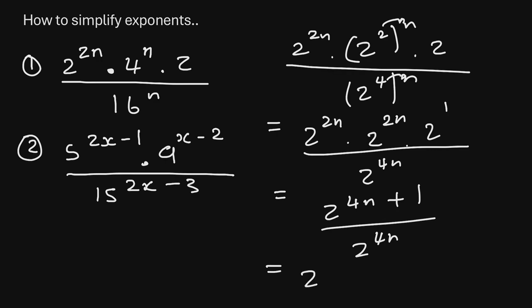At the top we have 4n plus 1, and then we minus the exponent of the same base that is at the bottom of the fraction. So in this case it's just 4n. And then you will see 4n minus 4n is just going to leave us with 1 here. So the answer that we get for this problem is just going to be 2.